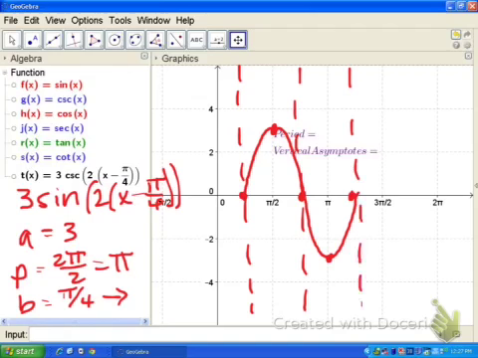Okay, and let's get a different color here. We'll use green since it's kind of Christmas time. Alright, and now what we're going to do is put in our loop-de-loos for the cosecant graph. So cosecant will follow along like that. And it would continue on forever and ever in either direction.